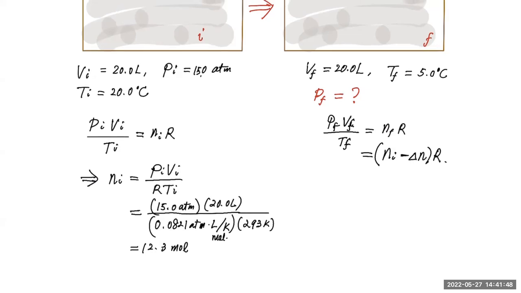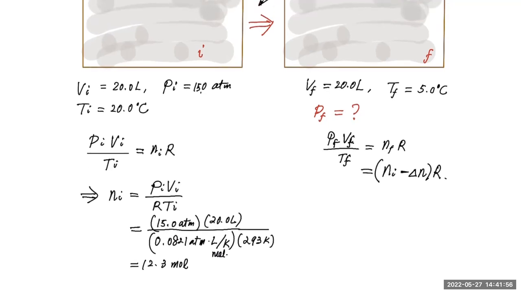But what's delta N then? Delta N is the amount of moles of the oxygen gas that has escaped, and that's 100 grams. If we know the molar mass of oxygen, which is 32 grams per mole, we can find the number of moles. So delta N is 100 grams divided by 32 grams per mole for O2.